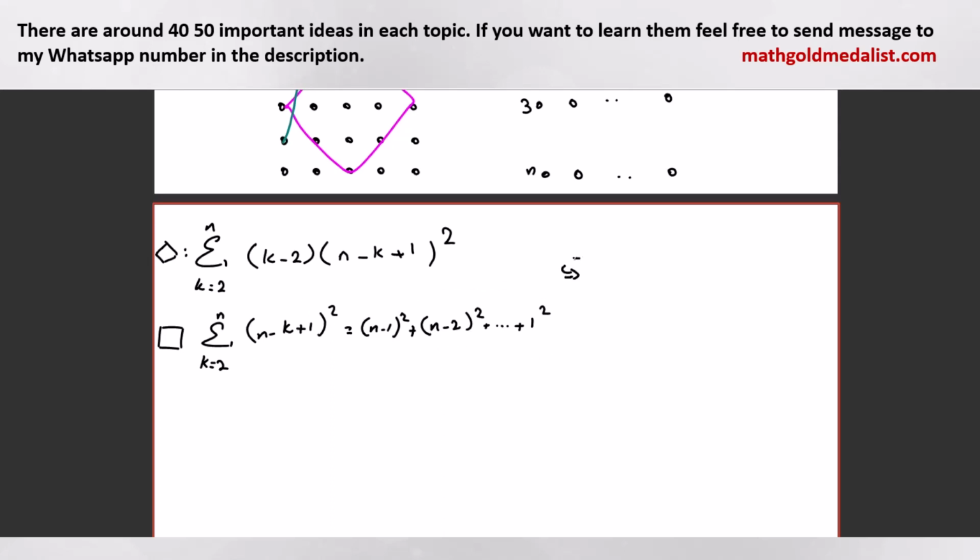Yeah. Now, if you add these two things, and we can factor, k equals 2 to n, it will be what? Factor from the common term, if you add these two things, it will be what? n minus k plus 1 squared times k minus 1. Exactly.